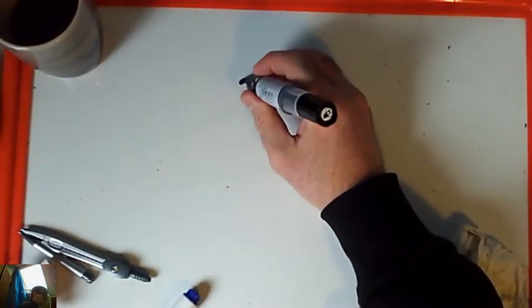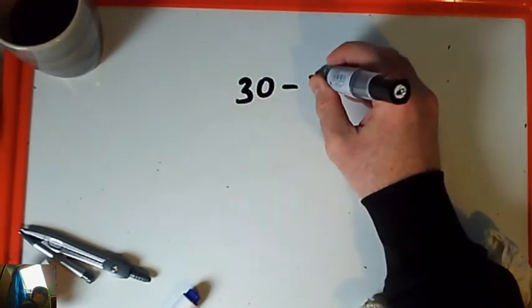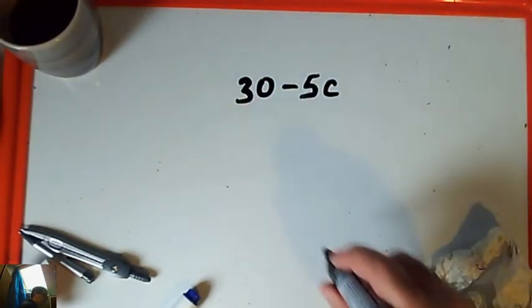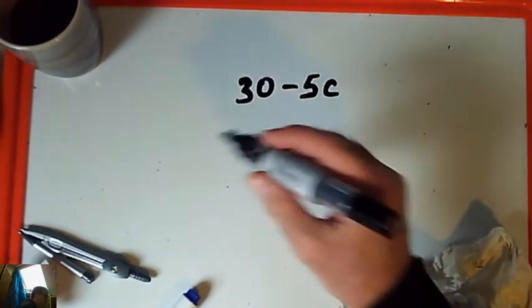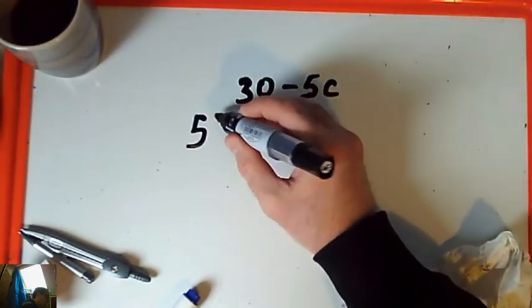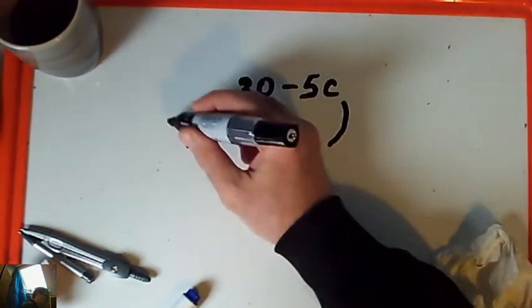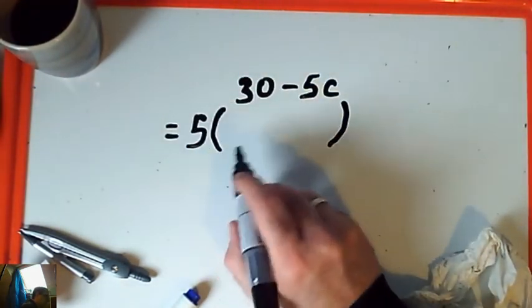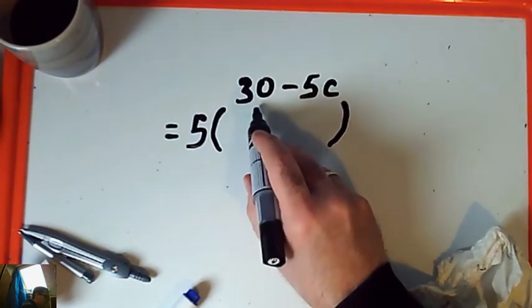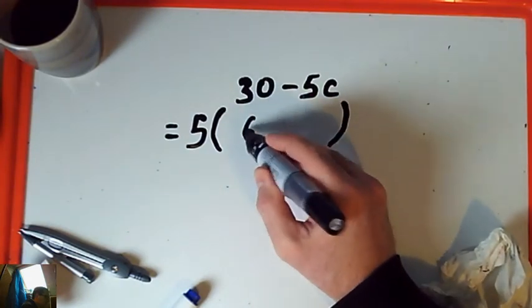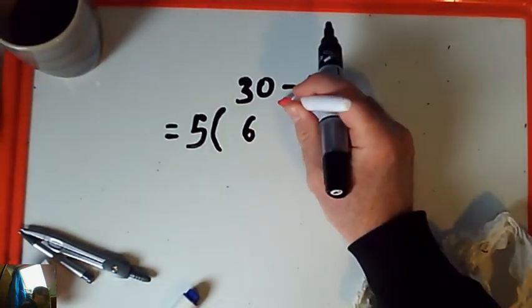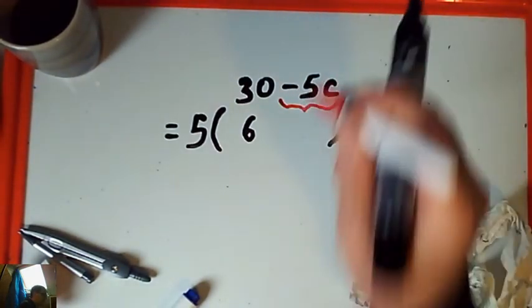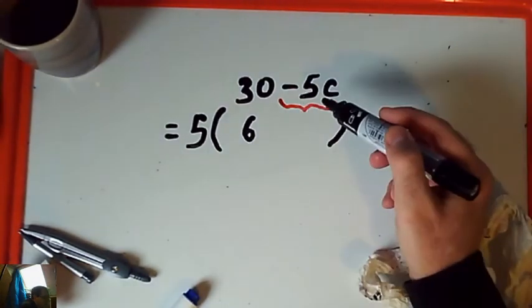Next one says 30 minus 5c. So the biggest thing that I can divide 30 and also 5 by is 5. So that goes outside the brackets. And then I say 5 times what inside the brackets will give me the 30? Answer 6. And then 5 times what inside the brackets will give me the minus 5c?